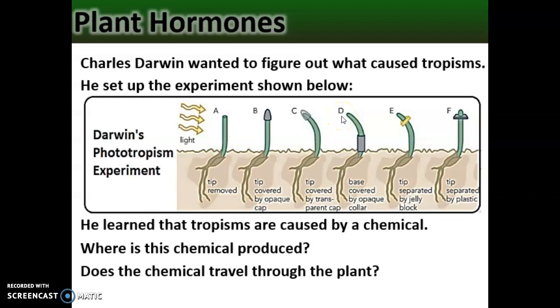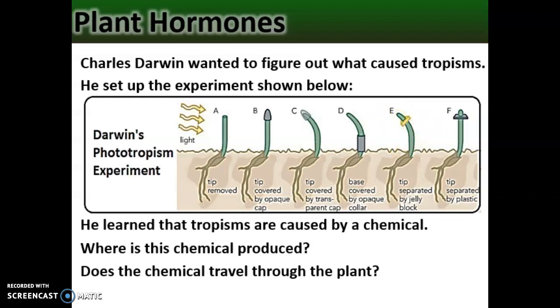They then realized that that chemical must be able to travel through the entire plant. You see, because they reattached the tip of that plant that they decapitated, basically, with this jelly block right here. And when they did that, the chemical was able to travel from the top, through the jelly block, and to the rest of the plant, causing it to bend once again.